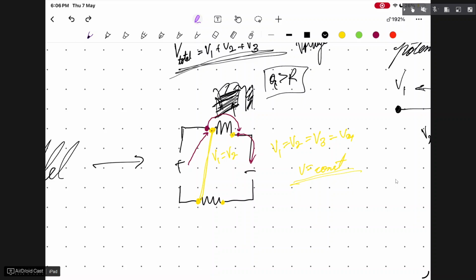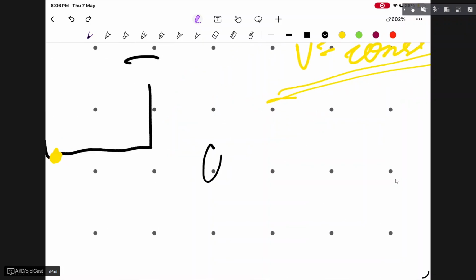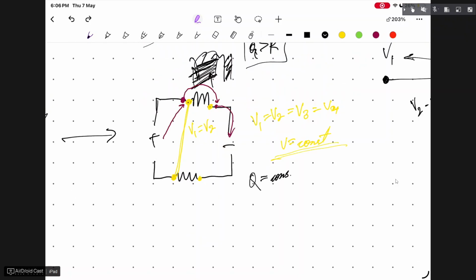Now notice here that Q is constant. Sorry, it is constant because it is conserved. But since we need to overflow it, the amount of charge depends on how much resistance is present.